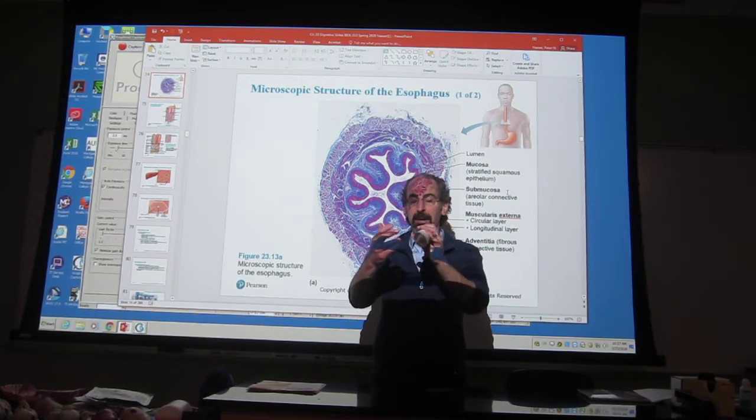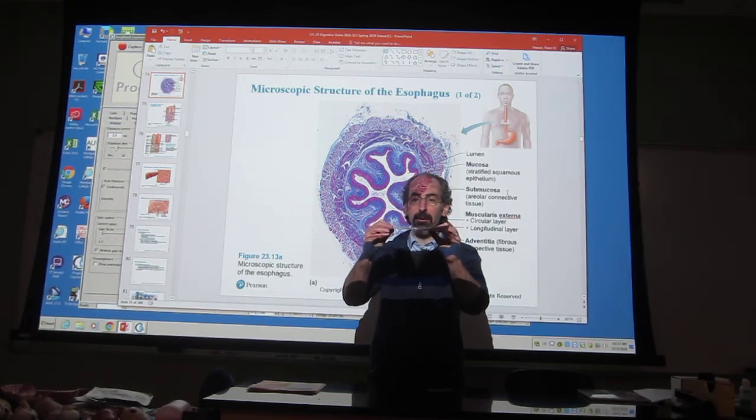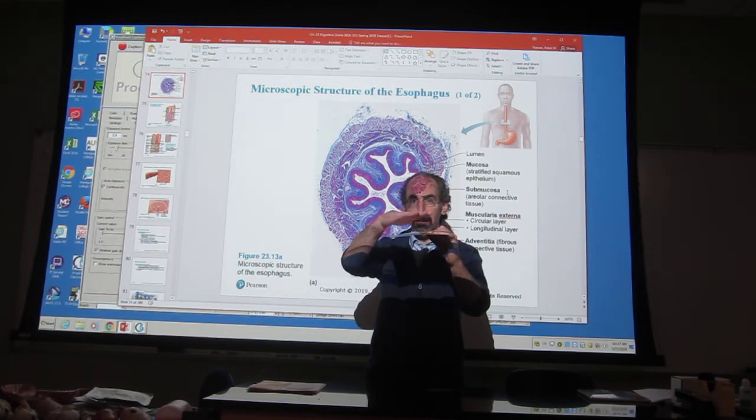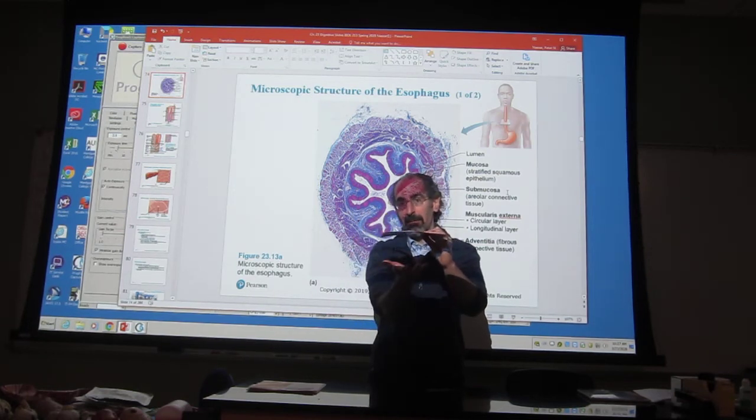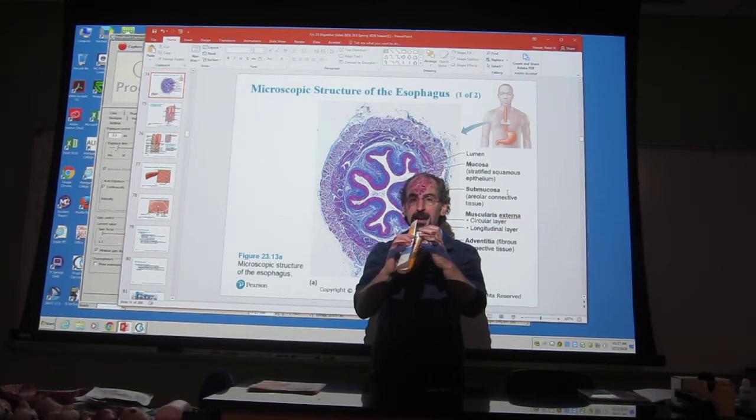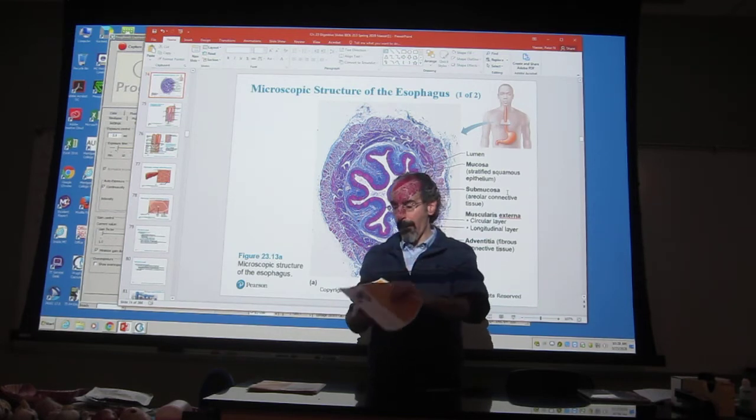But sometimes they cut the tube open, and you see essentially a flat surface. The tube has been unrolled. In that case, the way I will orient the slides, the lumen will be up top, and the outside of the GI will be below. And sometimes the gut tube is small and intact, in which case the lumen will be in the center.